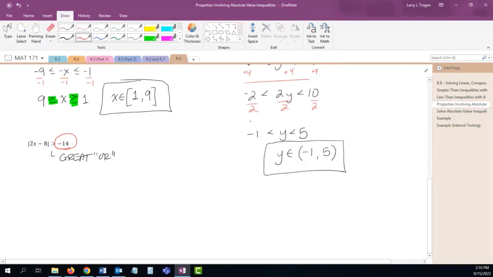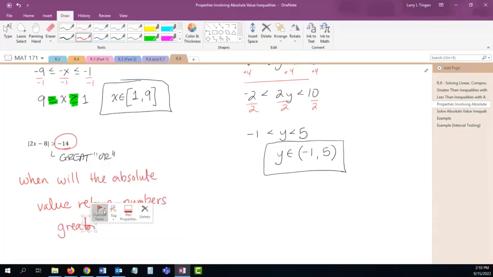Okay. So this question is asking, when will the absolute value return numbers greater than -14?